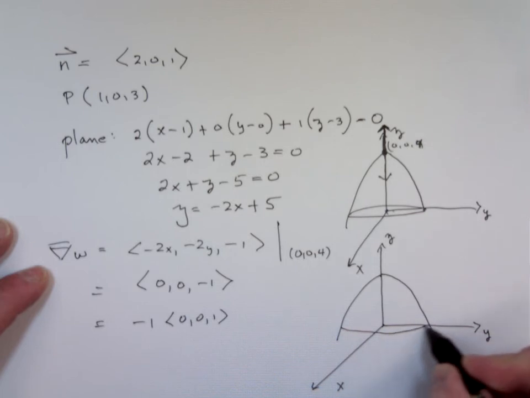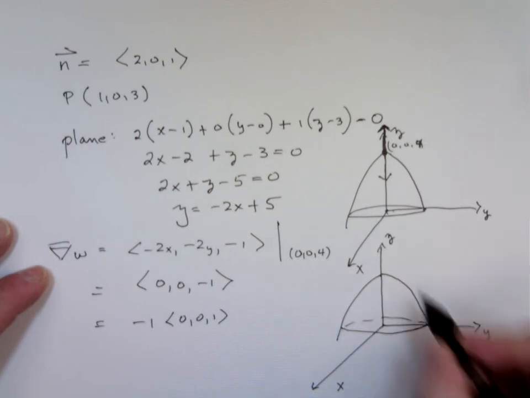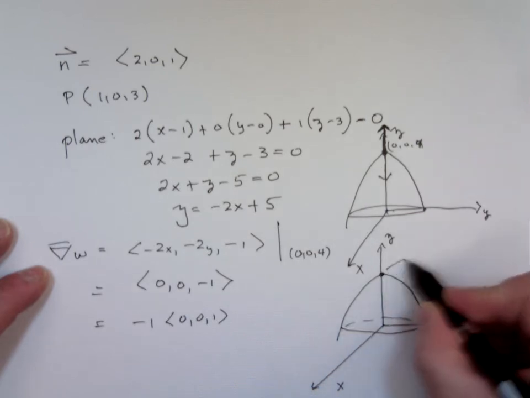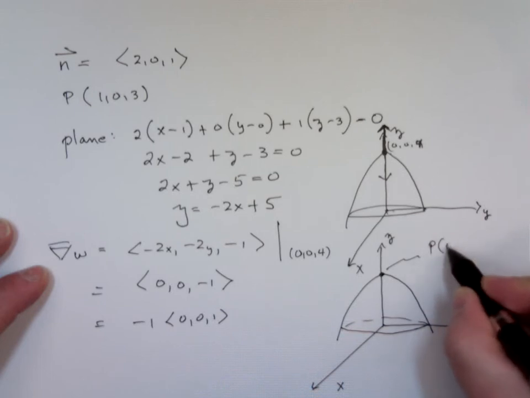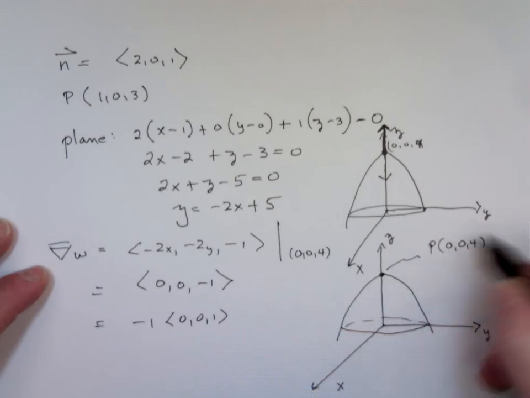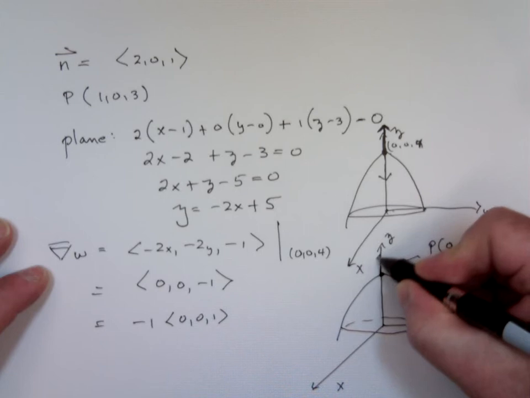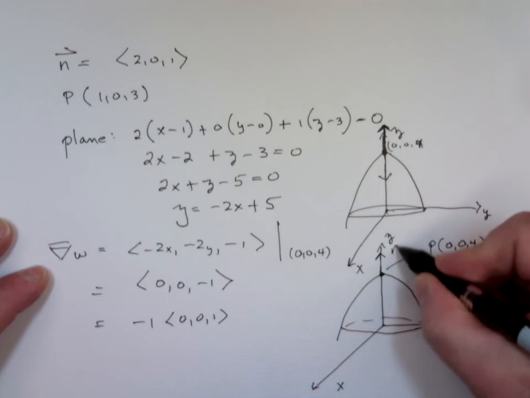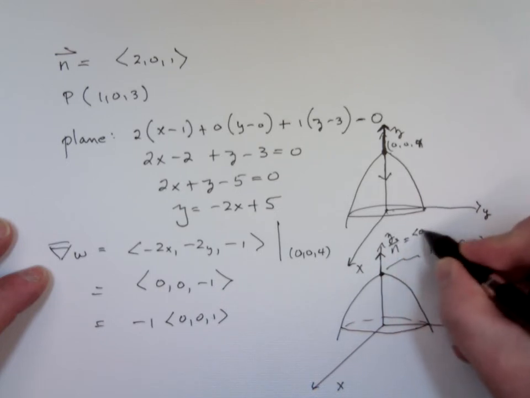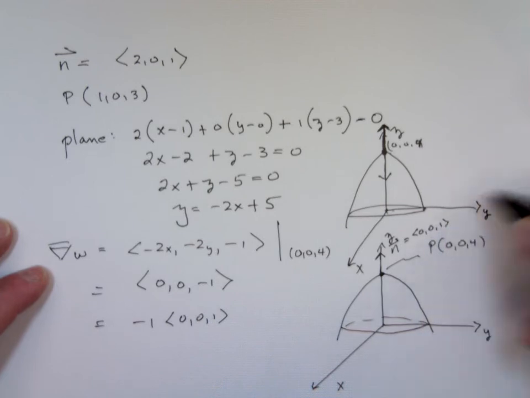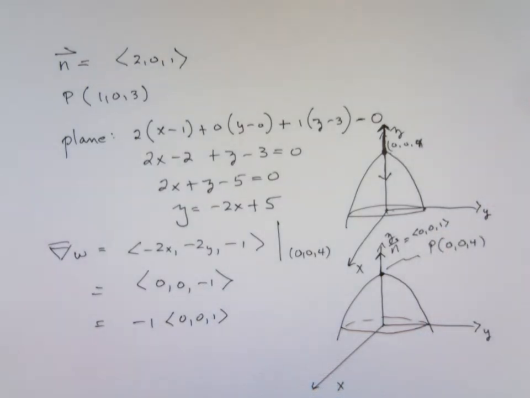This point right here, point P, is 0, 0, 4. My gradient is my normal vector. That normal vector is 0, 0, 1. I've got all the ingredients I need to define the tangent plane.